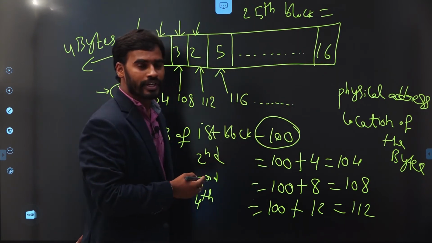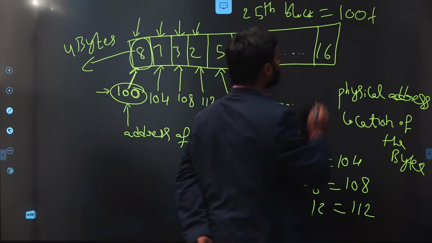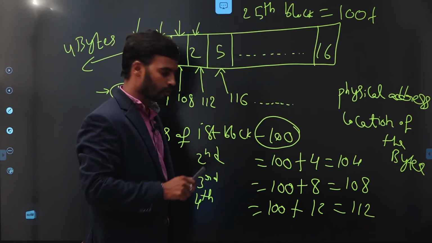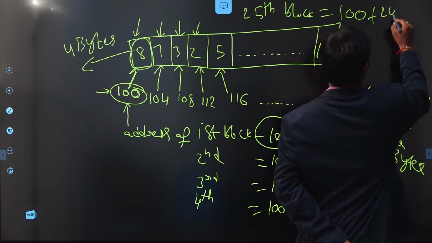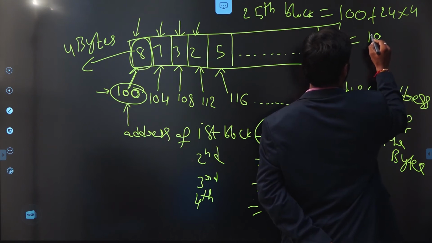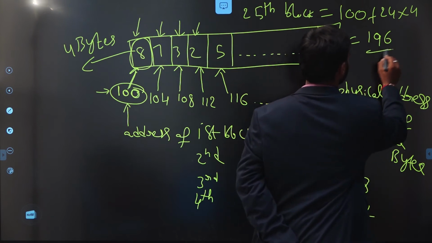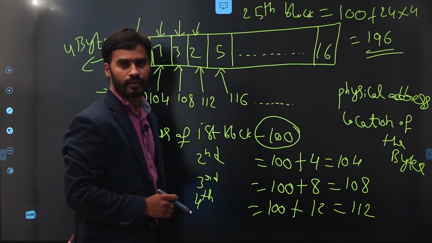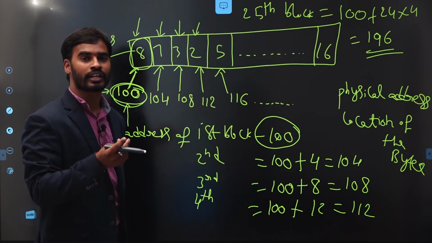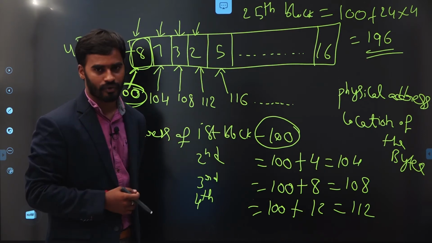You can compute this like this: the address of the first block plus the number of bytes occupied by the previous 24 blocks. 24 into 4 is 96, so the address is 196. If you know the address of the first block, you can compute the address of the remaining blocks yourself and you need not remember them.